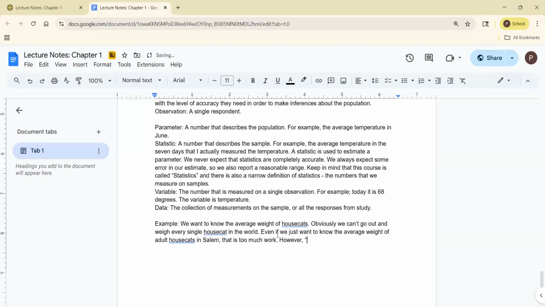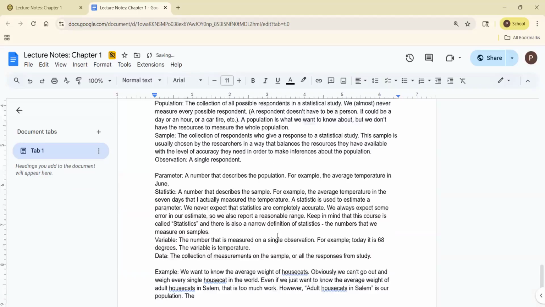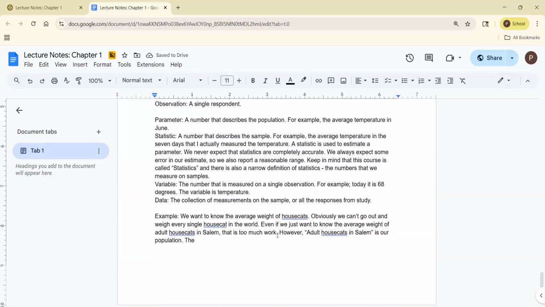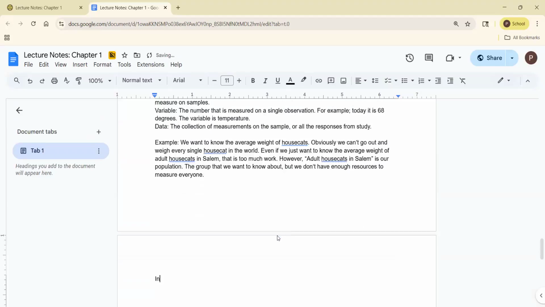However, adult house cats in Salem is our population, the group that we want to know about, but we don't have enough resources to measure everyone. Instead, we collect a sample of 30 house cats. This is our sample.